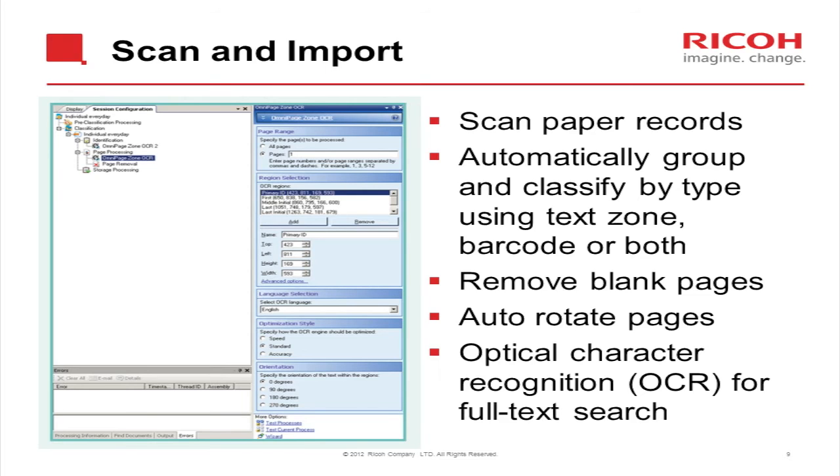If doing the work yourself seems daunting, consider having an outside company do the work for you. Either way, choose a solution that provides optical character recognition, or OCR, so that the scanned documents can be text searchable. While you're at it, import electronic records, such as data files, PDF files, office documents, or other records that you had previously digitized.